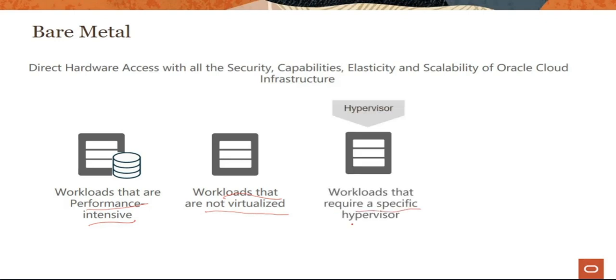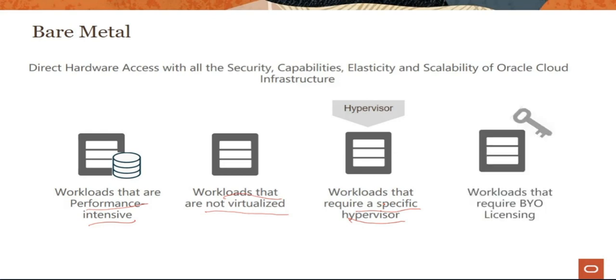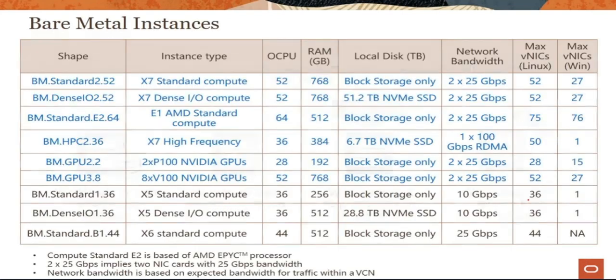For workloads that require a specific hypervisor, where you want to install your own hypervisor, you would go with a bare metal machine. And also in cases where you bring your own licensing, there are specific examples, you would use a bare metal machine. These are four predominant use cases, but there are other use cases as well where you would use a bare metal offering.